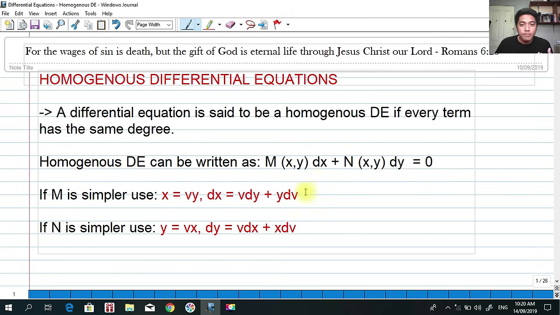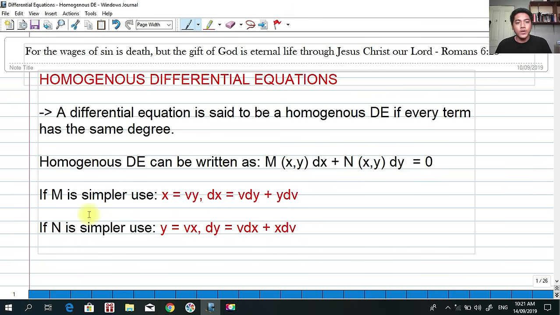If N as a function of x and y is simpler, we will be using y equals vx. Then the derivative dy is, by the product rule again, copy the first, v dx, then differentiate the second. So we have v dx plus, copy the second, x, and differentiate the v, so x dv.